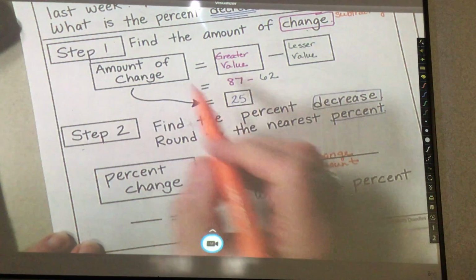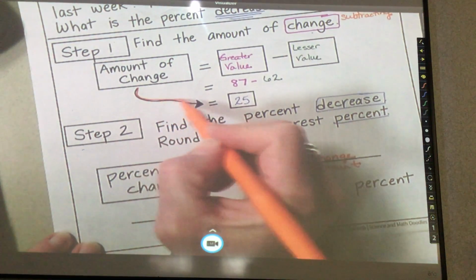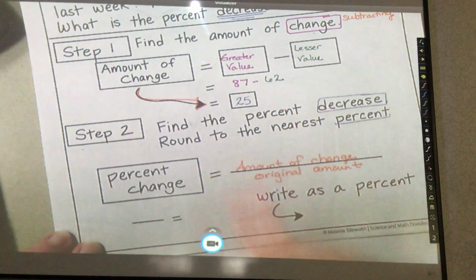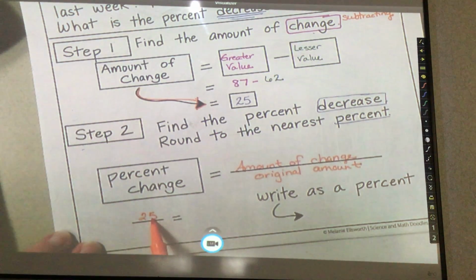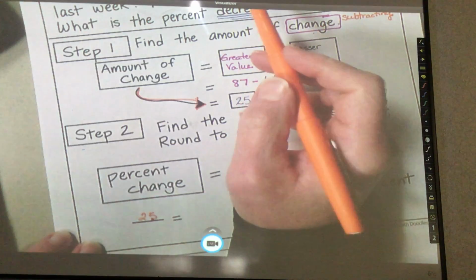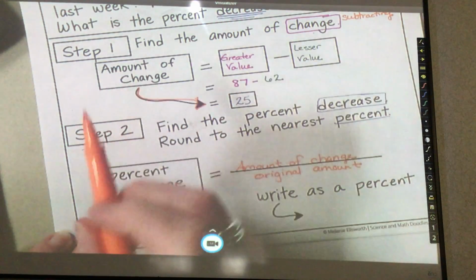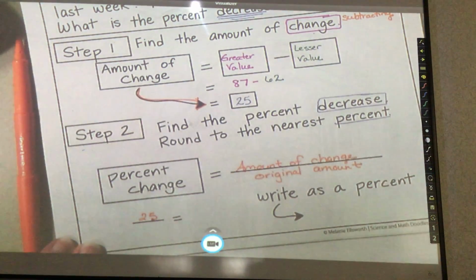So the amount of change was this right here, which was 25. Our original amount was 87.